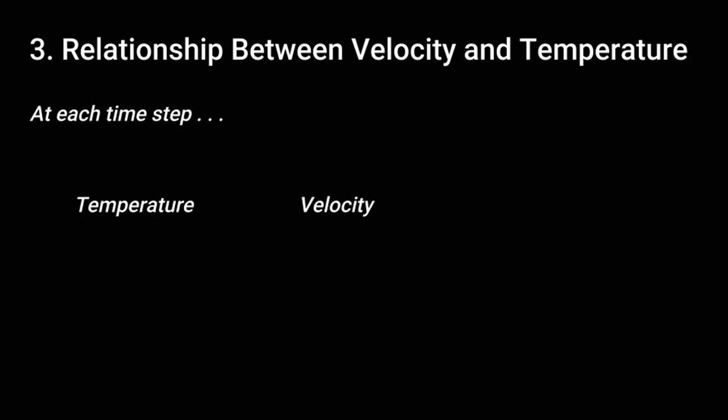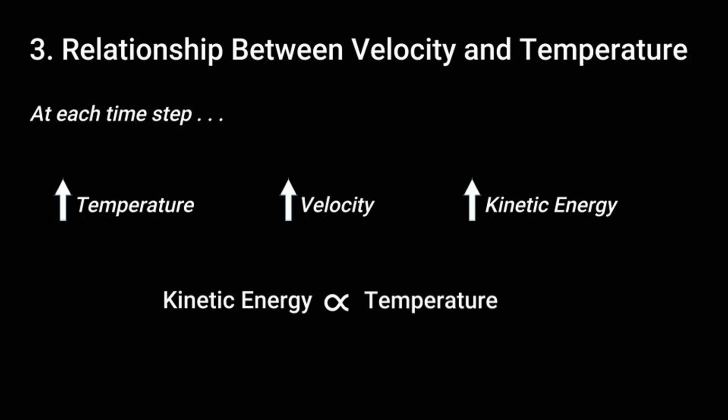With increase in the temperature of any liquid, there is an increase in velocity of atoms. That means the kinetic energy of an atom increases with the increasing temperature. Therefore, we can say that kinetic energy is directly proportional to the temperature.